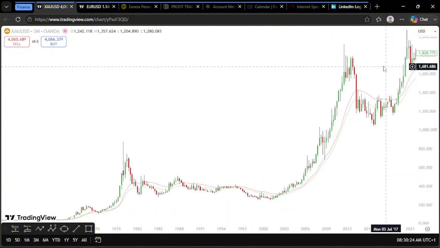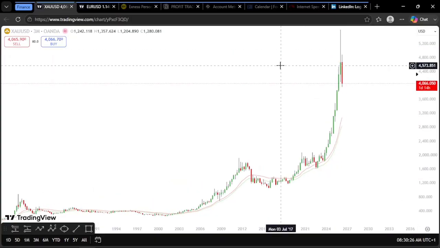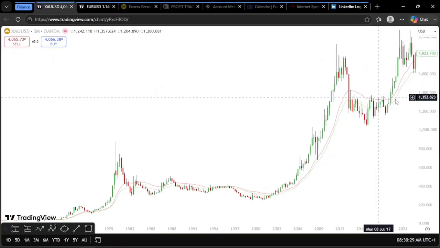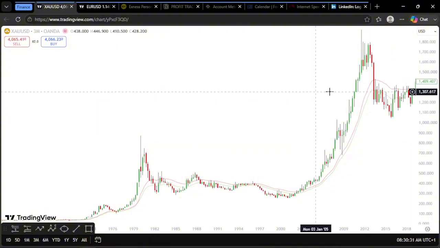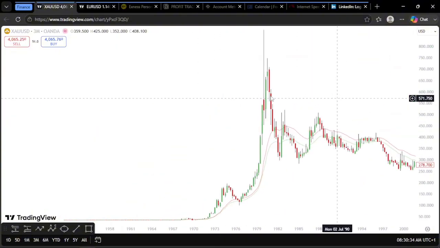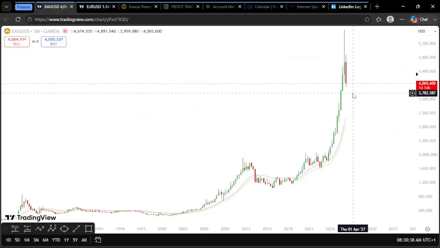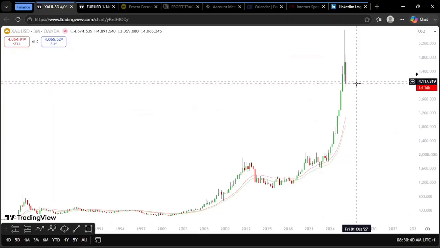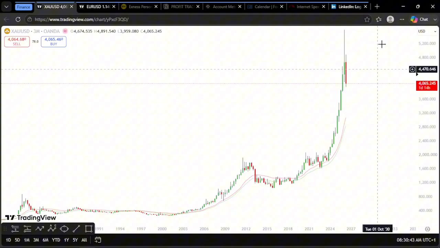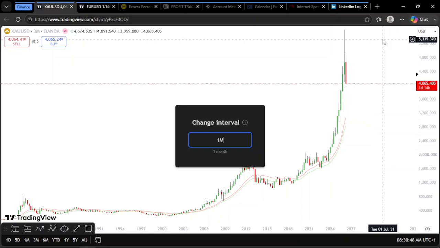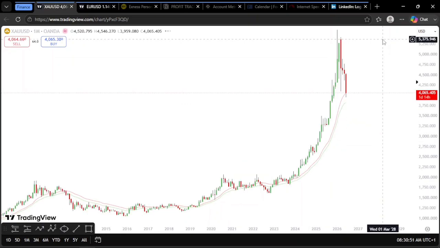The current place that XAUUSD is trading is in uncharted territory, because if you go all the way back here, you can see there is no price action to the left. So what I'm going to be looking for is a potential retracement before we resume the bullish trend on XAUUSD. So we go to the 1 monthly time frame now.